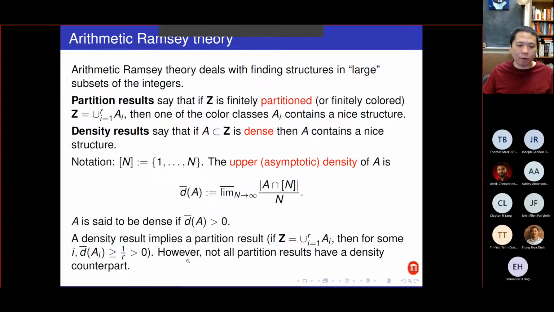So whatever is true for densities is also true for partitions. But on the other hand, not all partition results have a density counterpart. All right. So any questions so far?